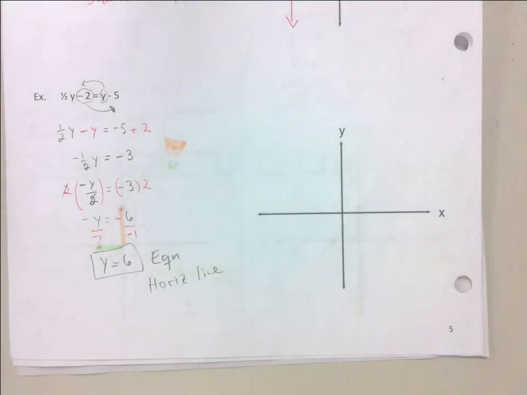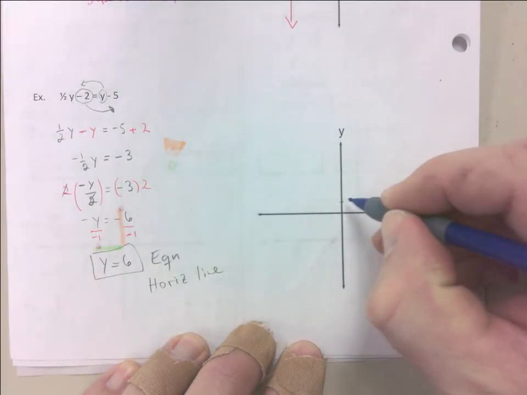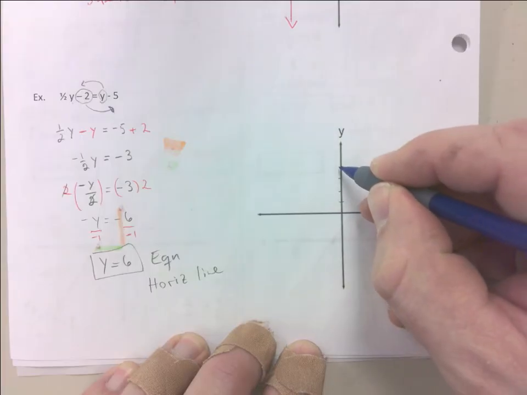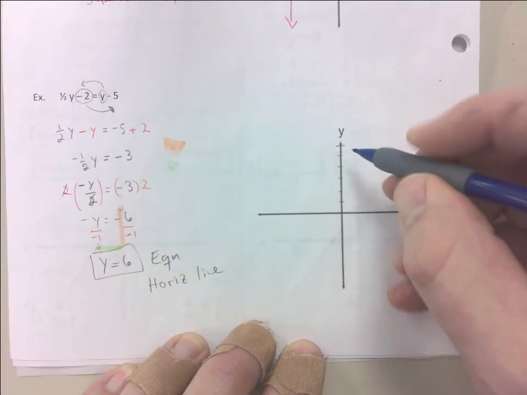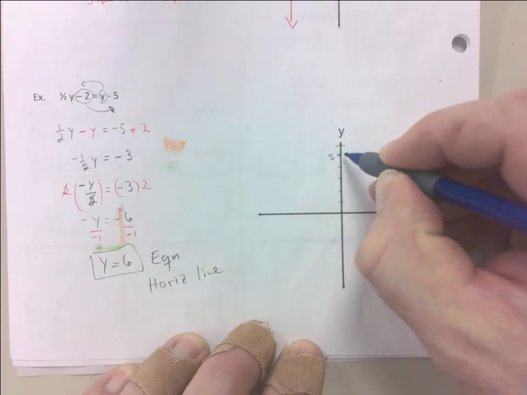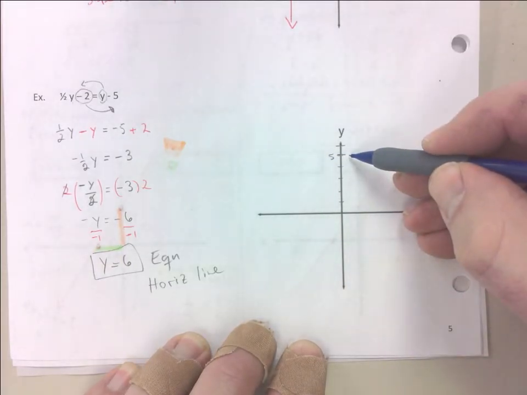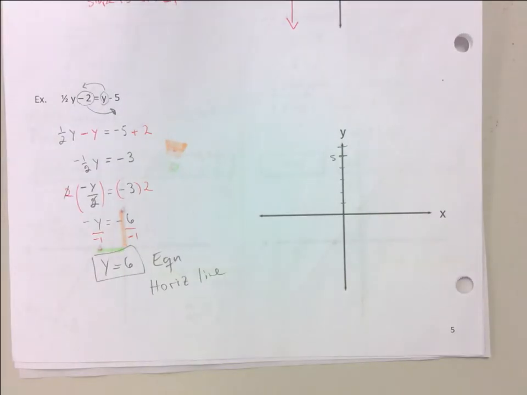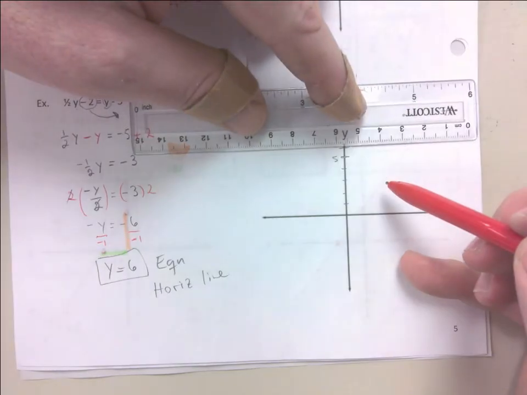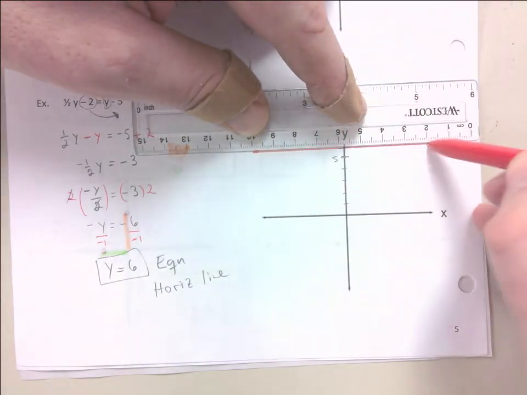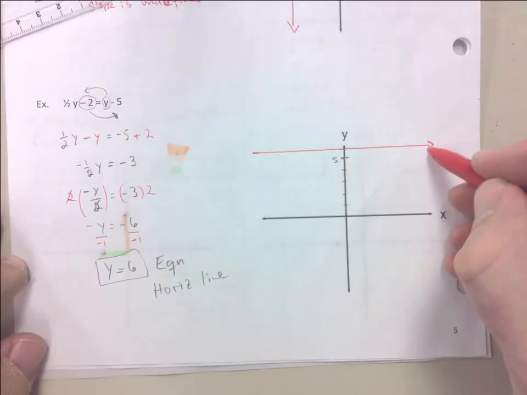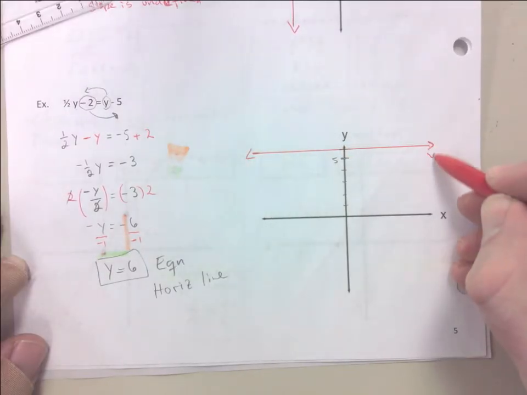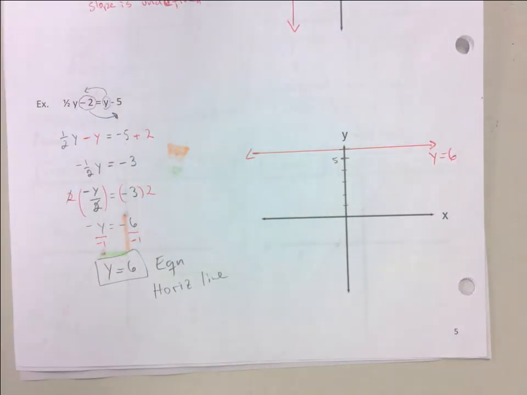Okay? So we graph this. 1, 2, 3. This is 5. So 6 is up here. So you just take your ruler. You graph it. This is the line y is equal to 6.